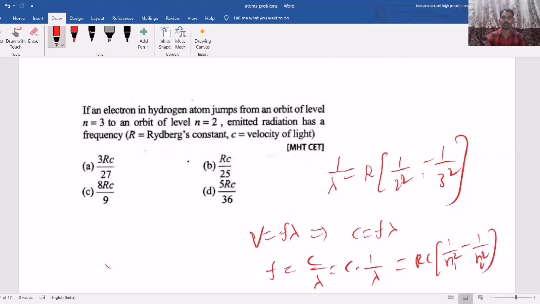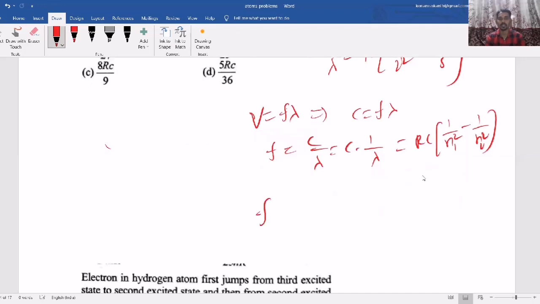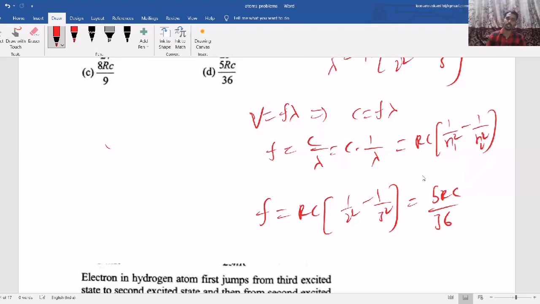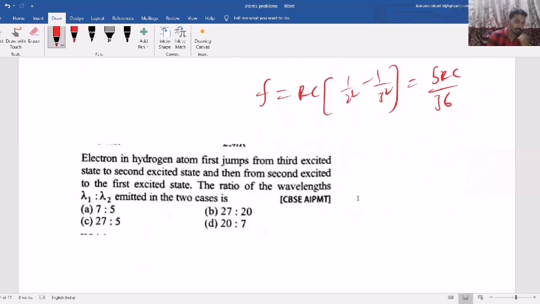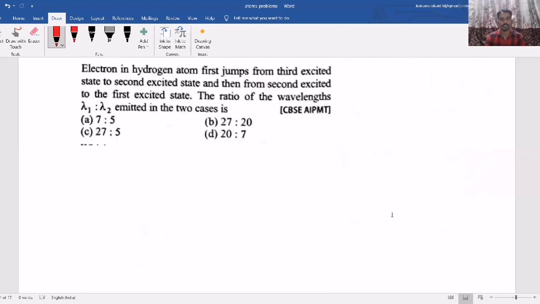So here if you take the LCM, then you will get the answer. So f equals Rc into 1 by 2 square minus 1 by 3 square, so 5 Rc by 36. So this way they can ask questions based on frequency also. Frequency they can ask, wavelength they can ask, or energy of photon they can ask.